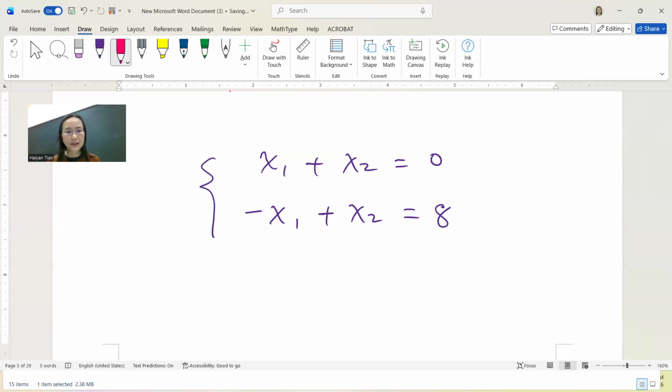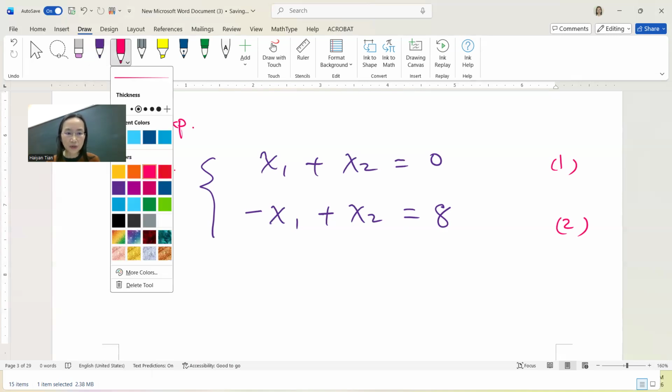Here is another example to show you that. What about a new system? If I want to eliminate some variables, let's say we add this time, because by doing addition, we can quickly eliminate the x1 variable. So let's simply add the two equations.